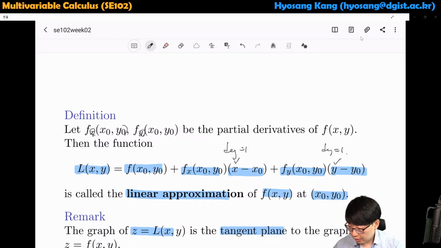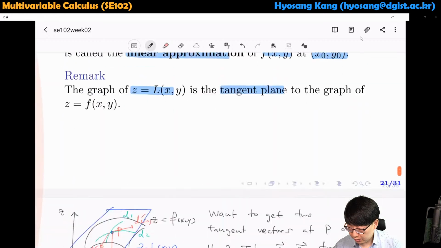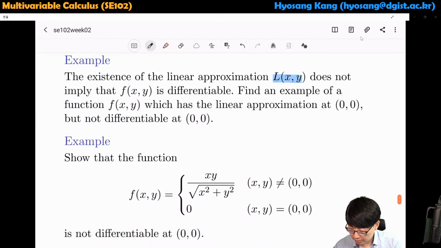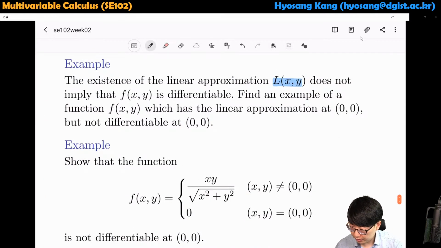Okay, I don't think it's a good idea to give another definition of linear approximation that makes you confused. So I think it's easier to change the example, or just skip this.